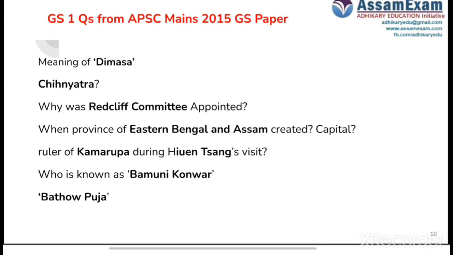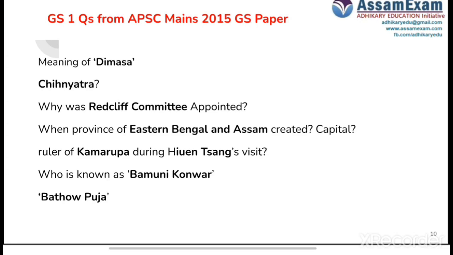Then, the ruler of Kamrupa during Huan Xiang's visit. This is about ancient Assam. So when Huan Xiang visited Assam, who was the ruler of the Kamrup region? This is a very straightforward question, maybe a 2-mark question, but we can expect questions on how Huan Xiang described Assam when he came.